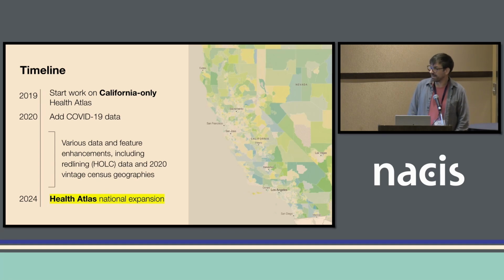Since then, we've been adding lots of new data as it has come up, including redlining maps and updating the census vintage to 2020 geographies. And finally, in 2024, we've been working on expanding the project to the whole country. And Kelsey's going to talk through some of the design process we went through.